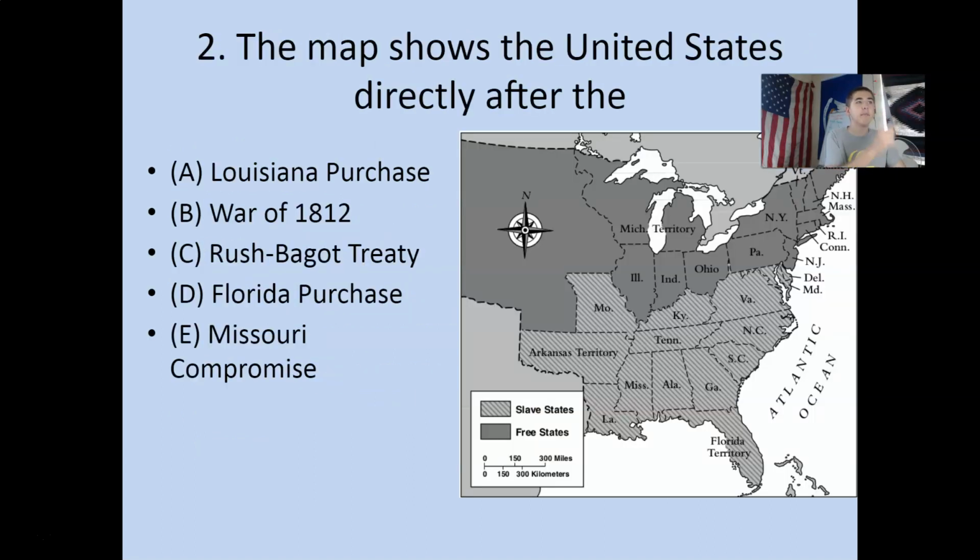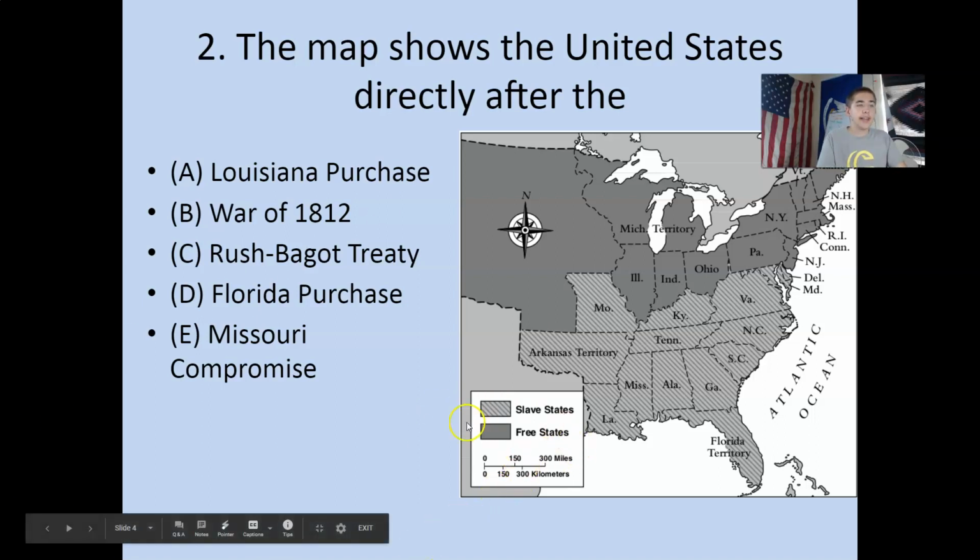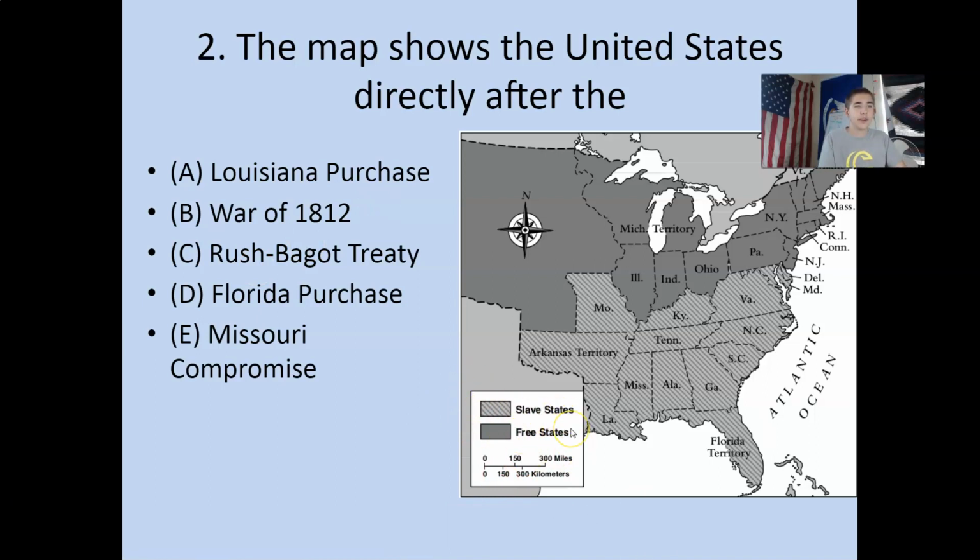So this map shows the United States directly after the A. Louisiana Purchase, B. War of 1812, C. Rush-Bagot Treaty, D. Florida Purchase, or E. Missouri Compromise. Notice the key down here, slave states or free states.